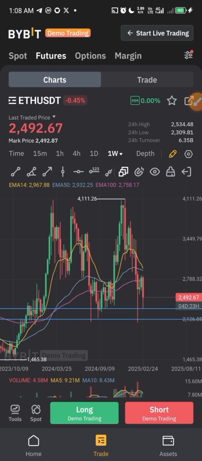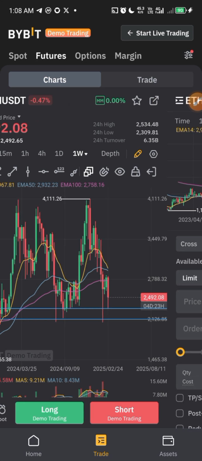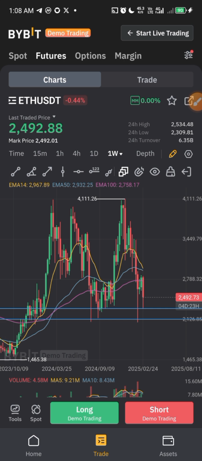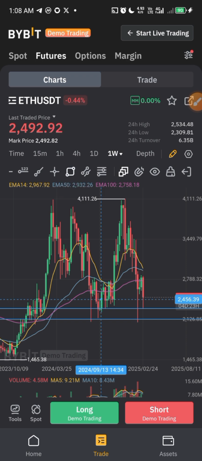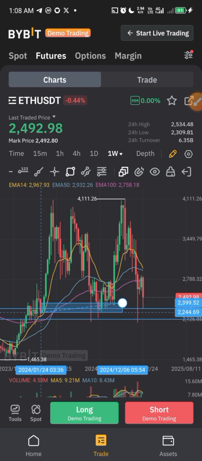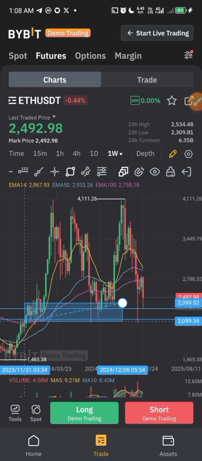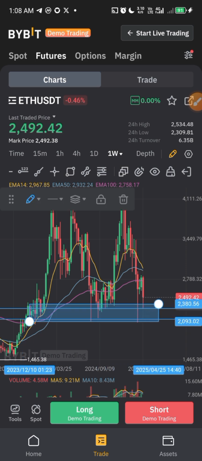Okay, it's not giving me what I want. Let me see. Okay, so this is it. That is rectangle. So the rectangle gives me this zone. Then click on this and do this, right? So this is the zone.